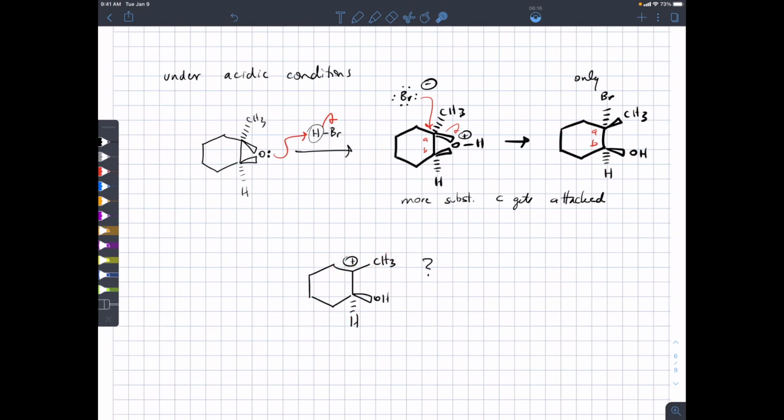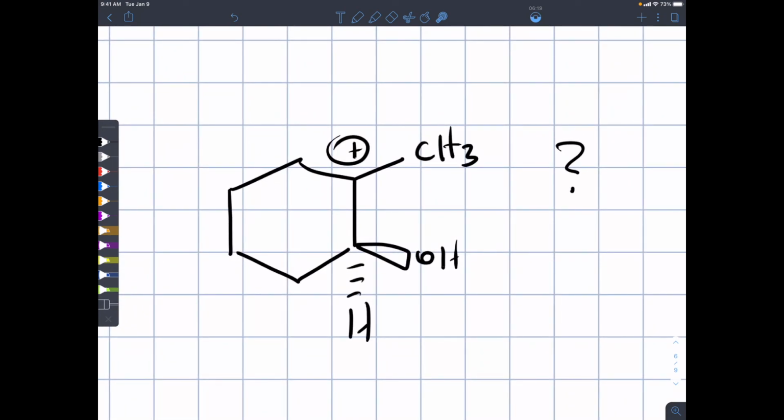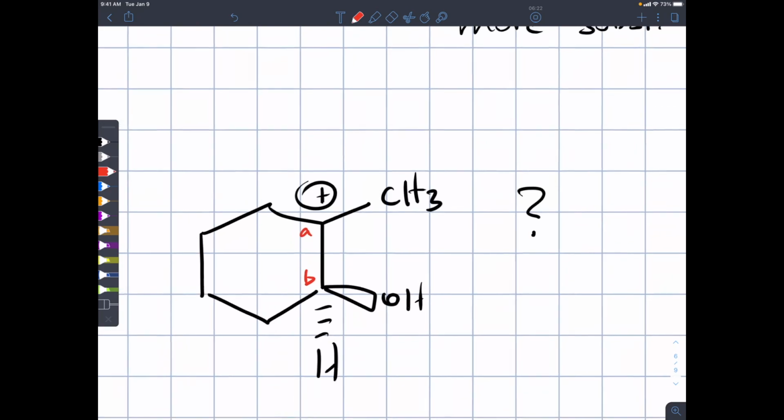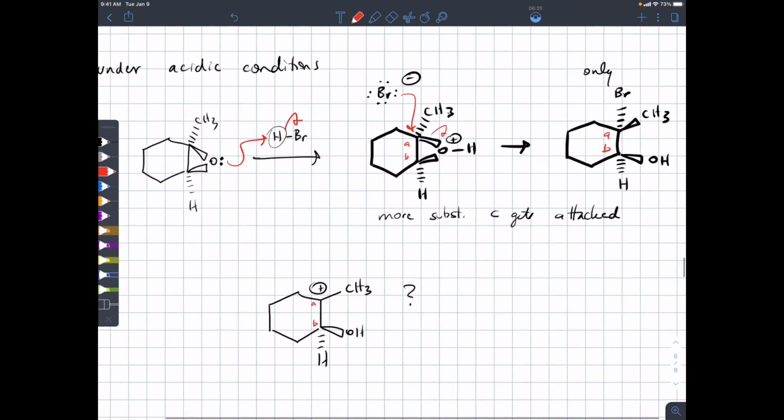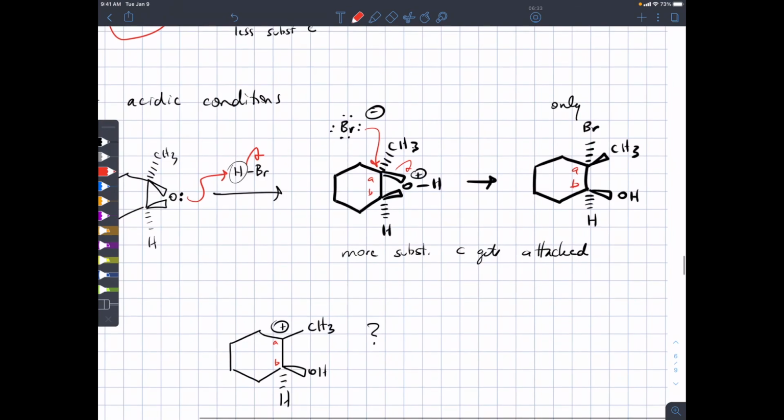What do you know about carbocations? Thinking about geometry around this positively charged carbon A? Planar, which means the nucleophile could come in from where? From either side, above or below. And yet, we only observe Br having come in from below.